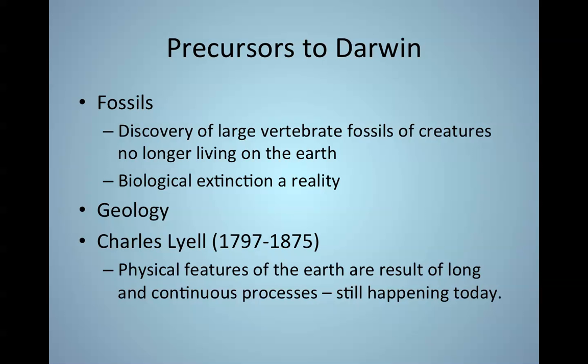Other precursors to Darwin: in the 19th century, we're starting to discover more fossils. Lots of discoveries of fossils, and discoveries of large vertebrate fossils of creatures no longer living on the earth. People called some of these elephant bones, I think they called them. They were dinosaur bones, is what they're finding, but they considered them to be bones of elephants that perhaps once walked the earth or once walked in the region, but essentially they were finding, as they began to study things, that these creatures no longer lived on the earth.